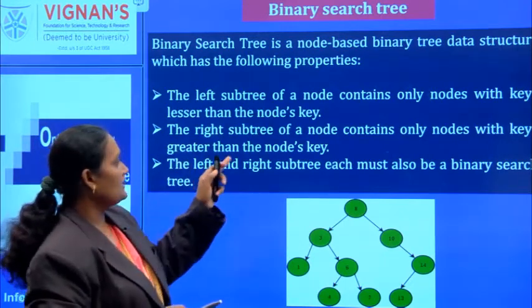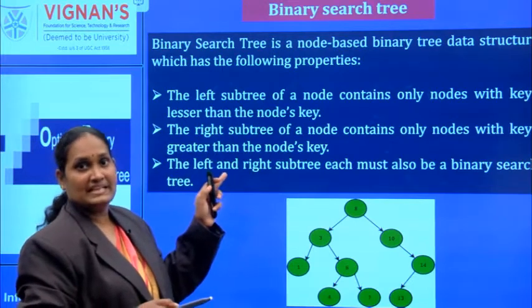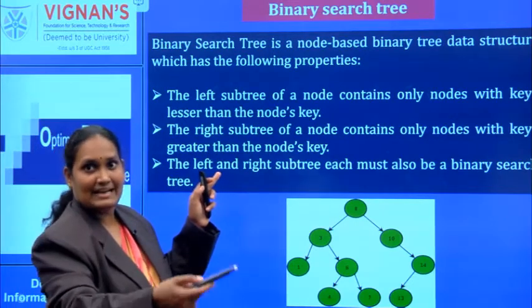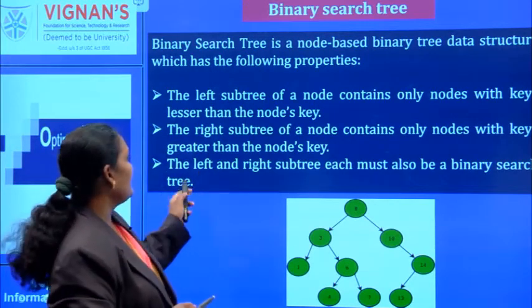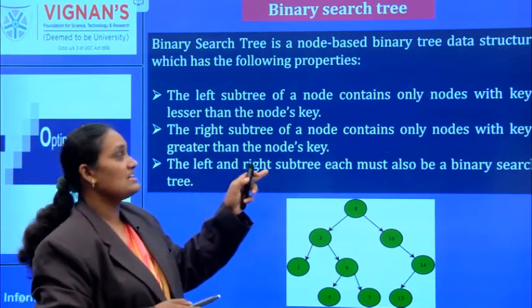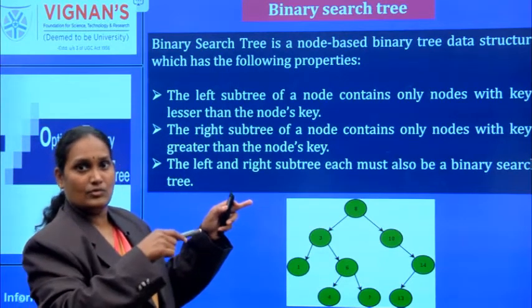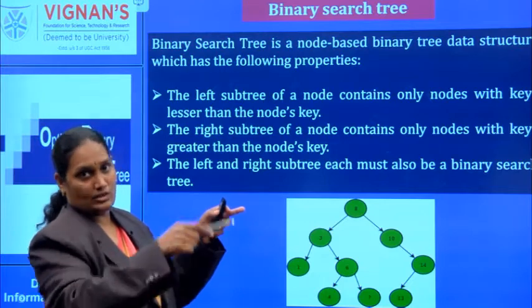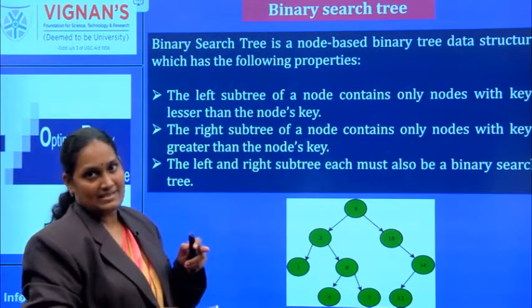The right subtree of a node contains only nodes with keys greater than the node's key; that is, the elements present in the right subtree are greater than the root node. And the left and right subtrees must each also be a binary search tree. So the left child and right child of the root node individually become binary search trees.